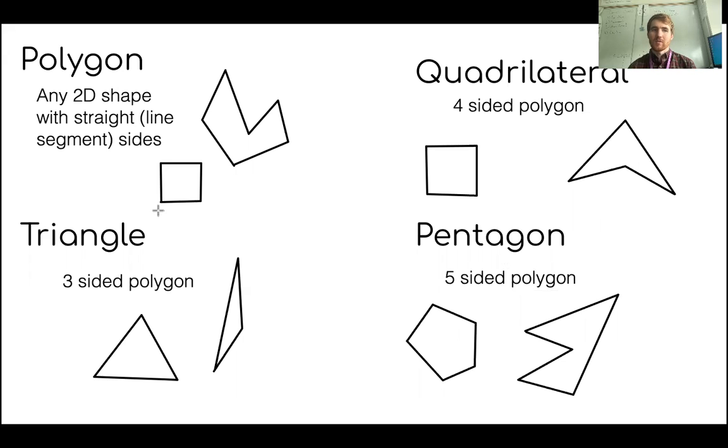It doesn't matter the number of sides. In the word polygon, poly just means many, and gon means angle. So pentagon, pent means 5, gon, angle. So 5 angles, also 5 sides. Triangle, 3 angles. Quadrilateral, 4 sides. Polygon, many sides. But we call anything a polygon as long as it has at least 3 sides.